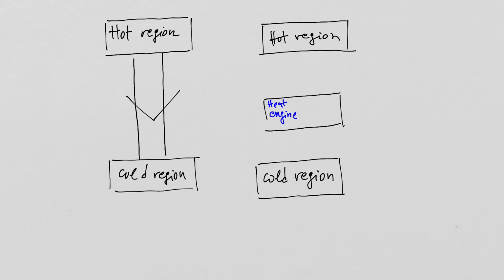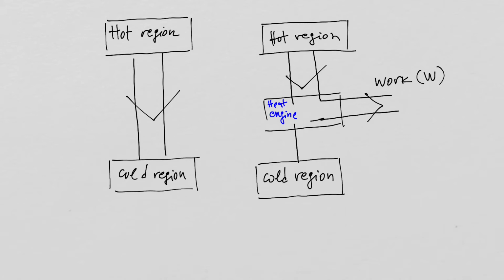And so we have heat coming in from the hot region. A portion of it is used by the heat engine to do mechanical work. And then what's left, which is less than the heat that's coming in from the hot region, is exhausted into the cold region.